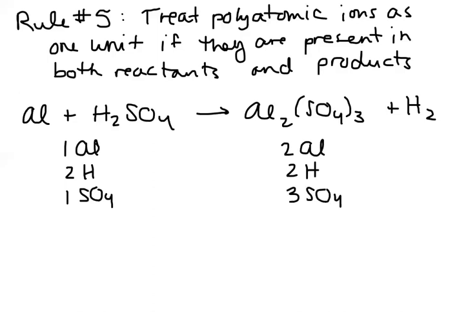Based on rule number 3, what are we going to start with? SO4, leave lone elements to last, okay? The only thing that's in a compound on both sides is SO4. So we're gonna actually start with SO4, so it'll make your life easier.